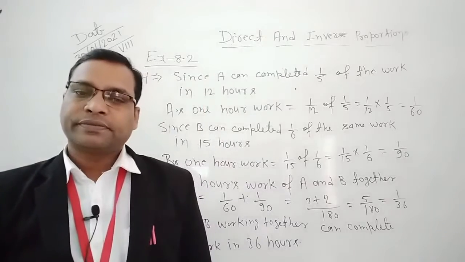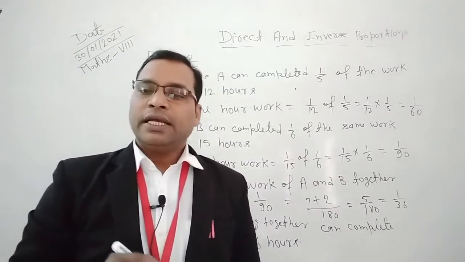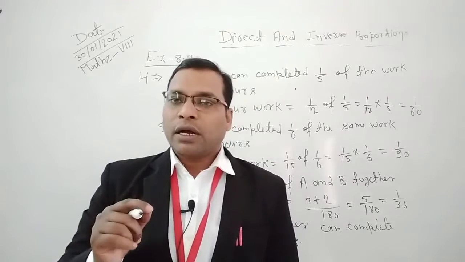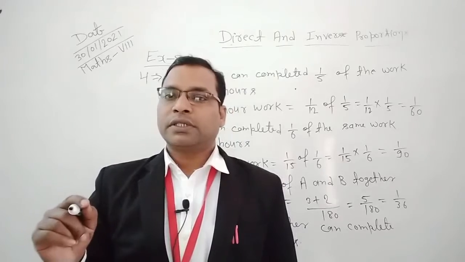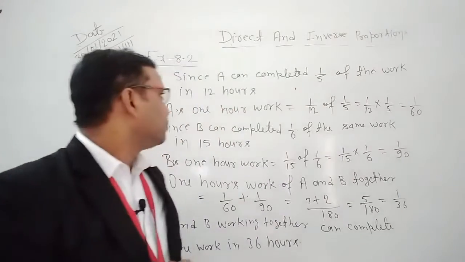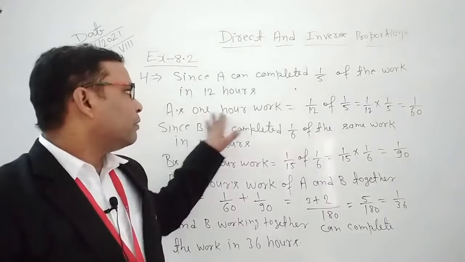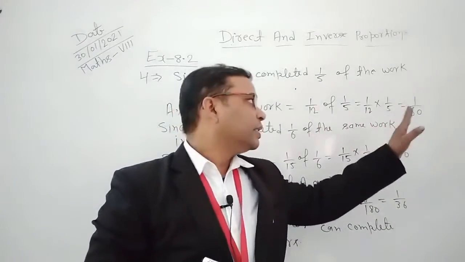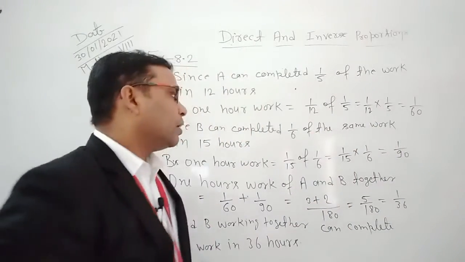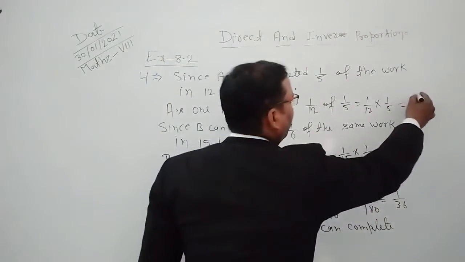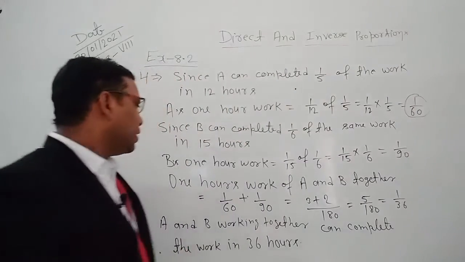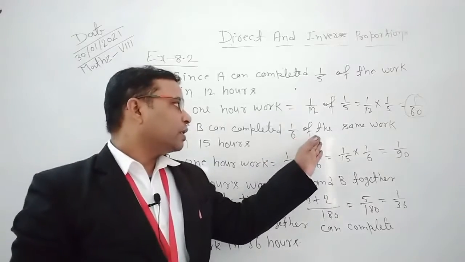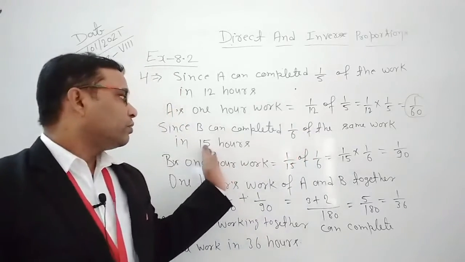Since A completes 1 by 5 work in 12 hours, what is the work of A in 1 hour? So here you can see A's 1 hour work is equal to 1 by 12 into 1 by 5. This is the work of A in 1 hour. Okay. And similarly we find B completes 1 by 6 of the same work in 15 hours.